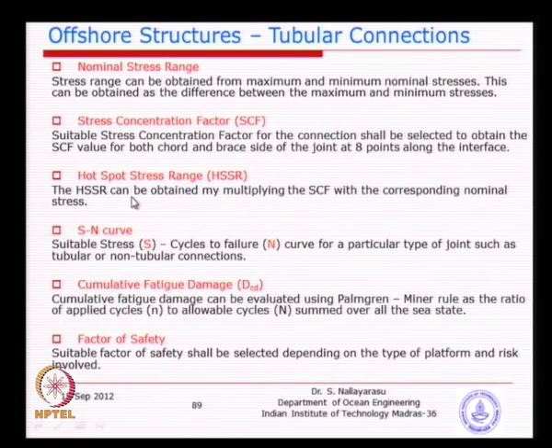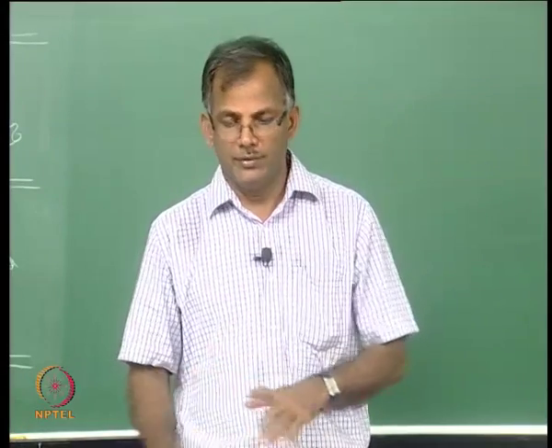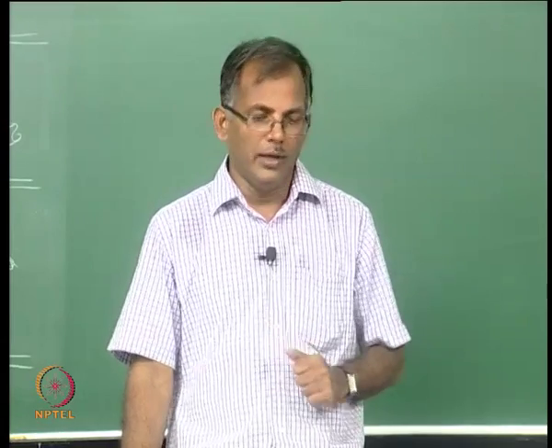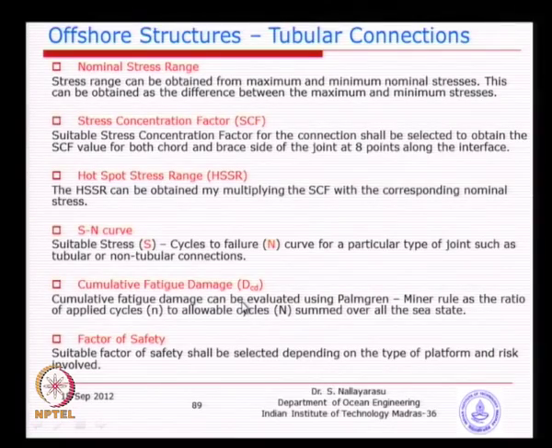Then hotspot stress range is the local stress multiplied by the stress concentration factor, and the SN curve is the relationship between the stress that can be applied to a structure until failure, with number of cycles being N. And then the cumulative fatigue damage is nothing but the added effect of the ratios of applied cycles to the allowable cycles, and the factor of safety is basically defined as how much additional safety margin you want to keep on the fatigue damage.